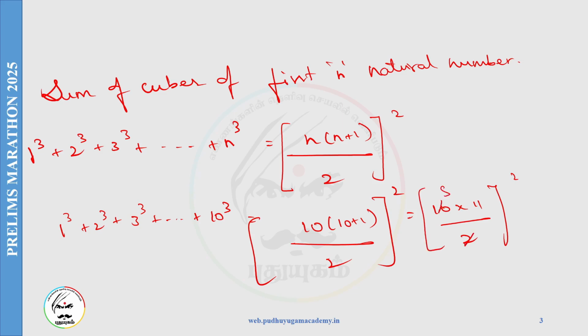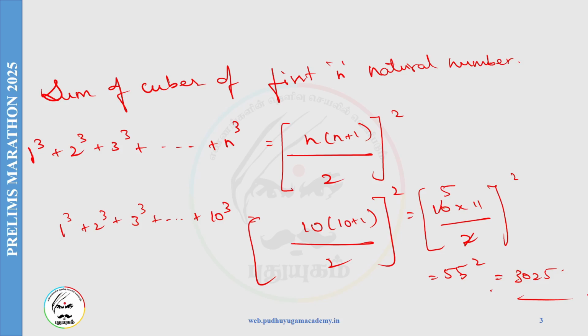So 2 5s are 10, 5 11s are 55, 55 square, the answer is 3025, right? So this is how we will be solving.